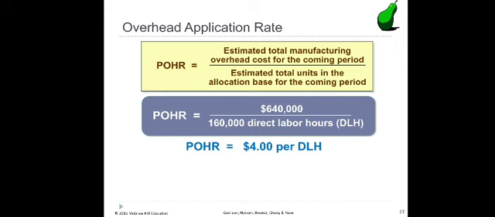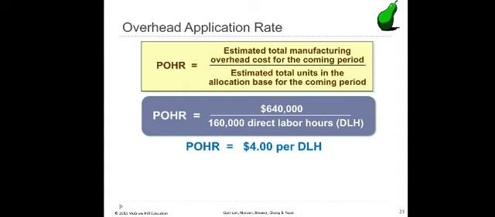Okay, this is an example of the overhead application rate, or an example of how to calculate the POHR. Here the POHR is equal to estimated overhead divided by estimated allocation base.